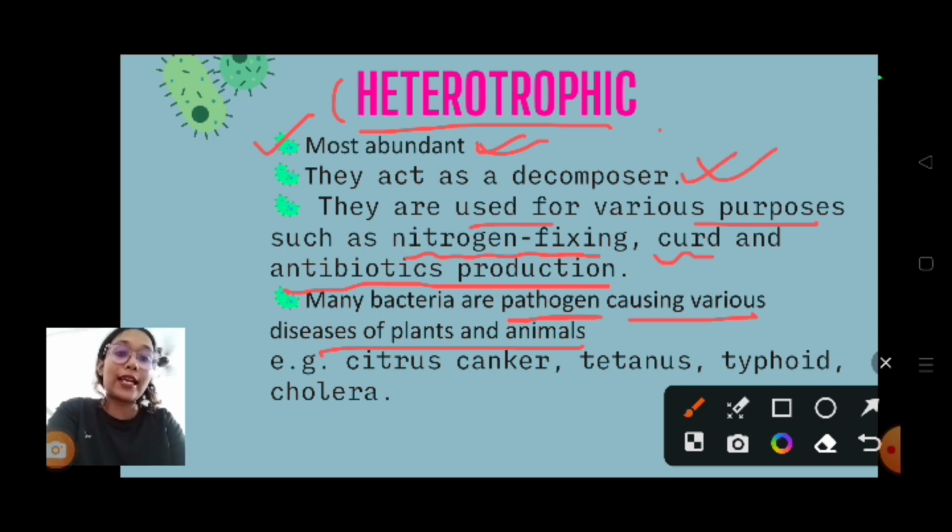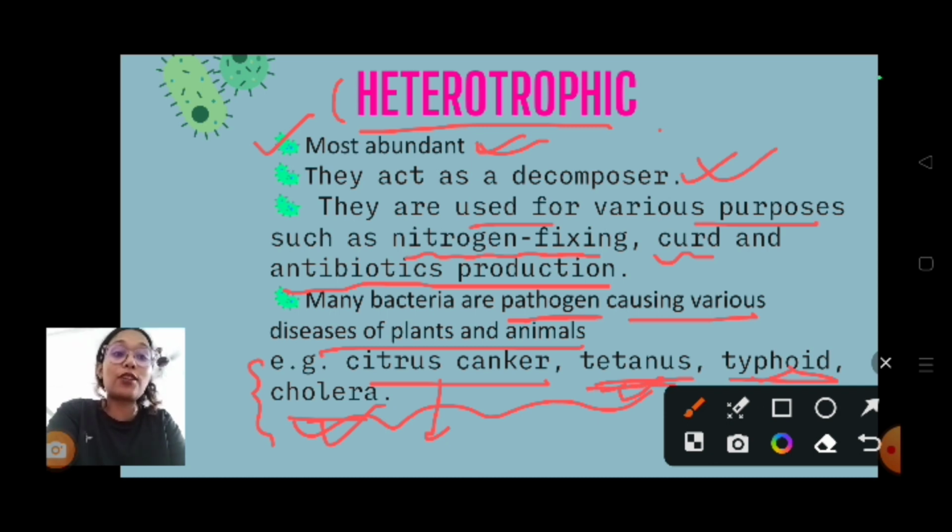For example, in plants, there is citrus canker. This is a bacterial disease which occurs in citrus fruits like lemon and oranges. Then you have tetanus, typhoid and cholera, which affect humans especially.